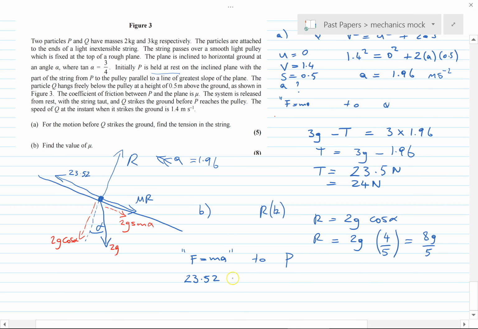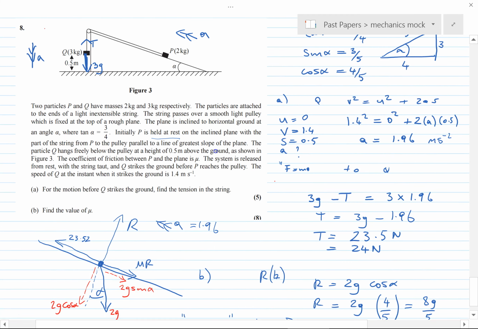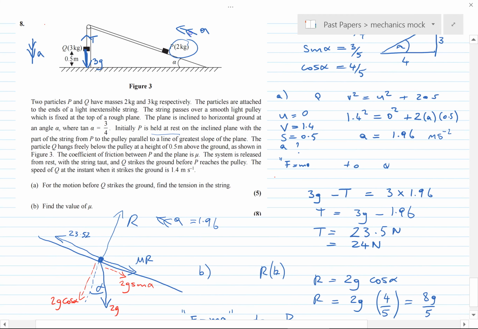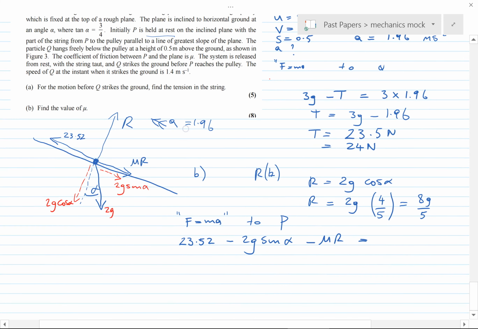So take away 2g sine alpha, take away mu R equals mass times acceleration, and the mass is 2 in this case, and the acceleration is 1.96.